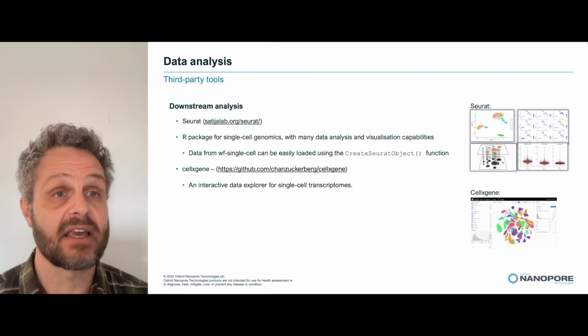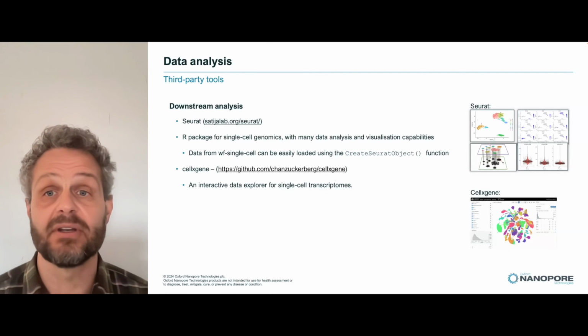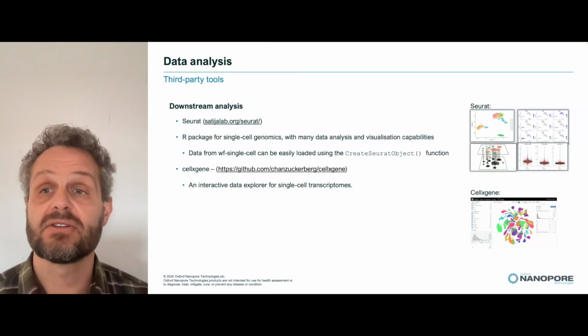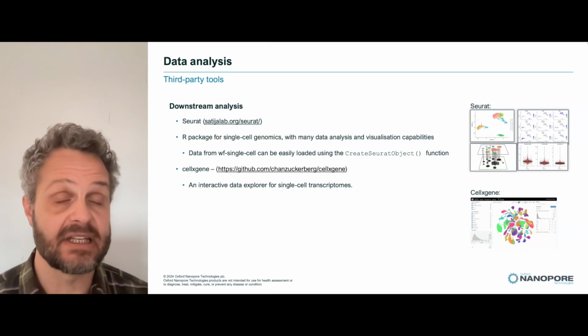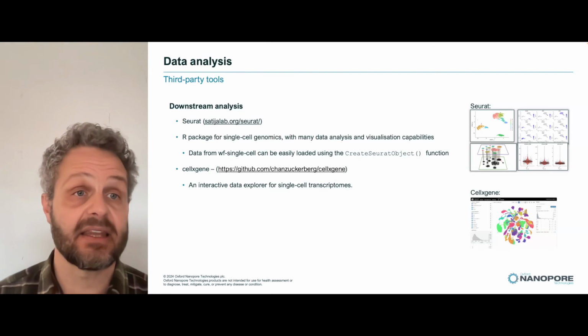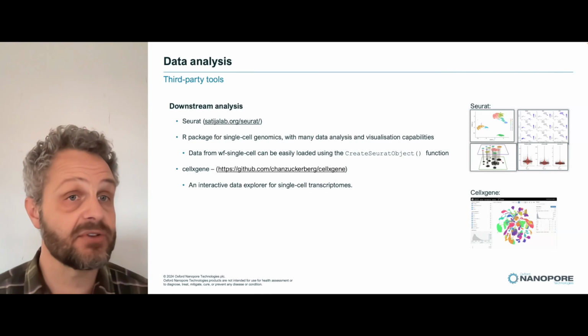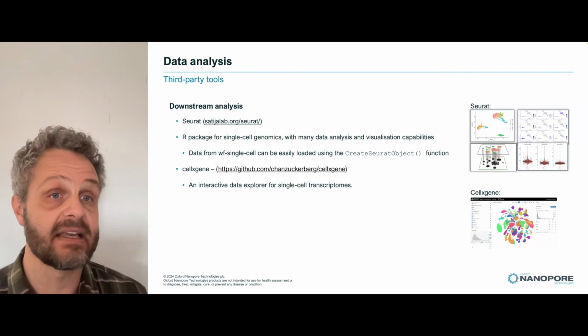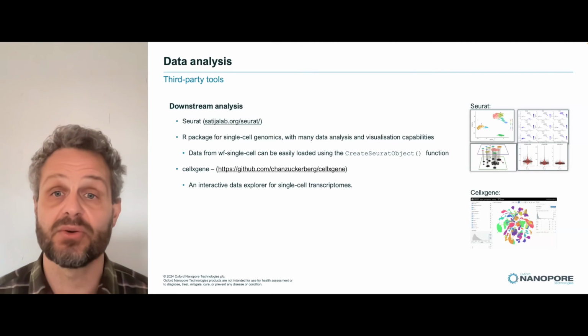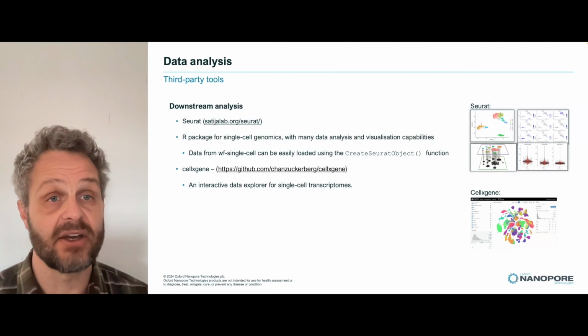The first is Seurat, which is really commonly used in the single cell community. It's an R package, so this means you'll need to use it by the command line. And for users that would rather not use a command line, there are several tools, but one of these is Cell by Gene, and this offers an interactive desktop tool for exploring and analysing your single cell data.